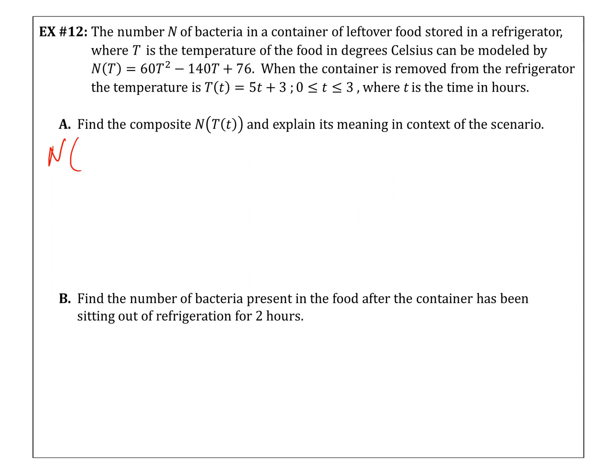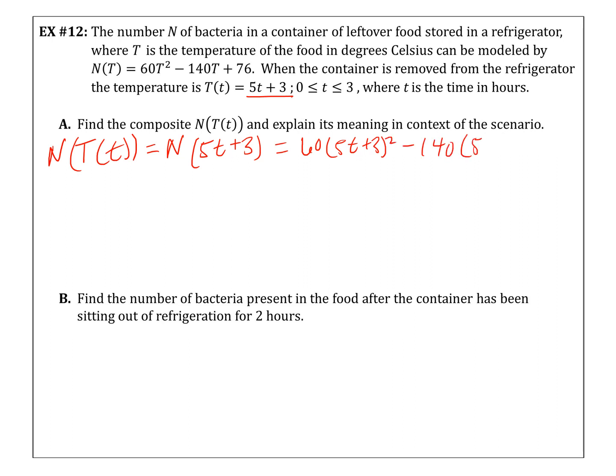Okay, so if we are going to have the number of bacteria given, is it temperature? T for temperature? Yeah, temperature at time t. Right? So I'm going to substitute that in. So N of T of t, so T of t is 5t plus 3, which equals, and we're going to substitute that in for T. So we have 60 times (5t plus 3) squared minus 140 times (5t plus 3) plus 76.